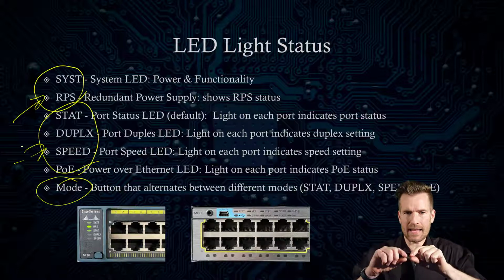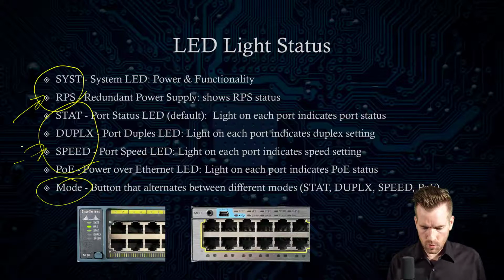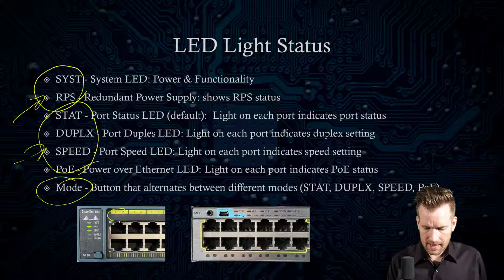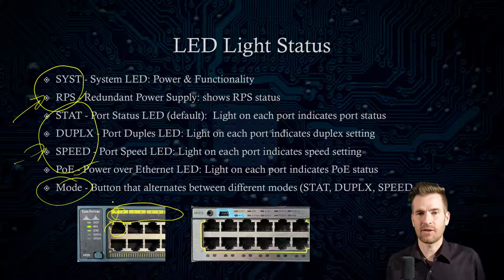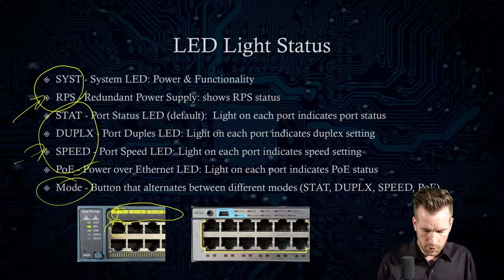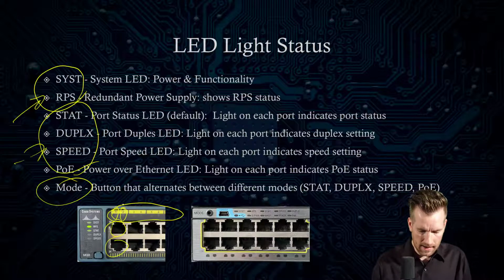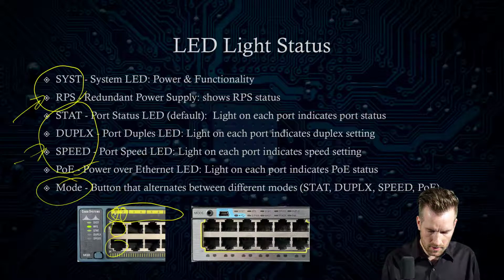What we saw is that the switch had these lights above the ports right here. We've got port 1, which is right here, and this is the light indicator for port 1. We've got port 2 right here, and this is the light indicator for port 2. The light indicators are actually arrows.